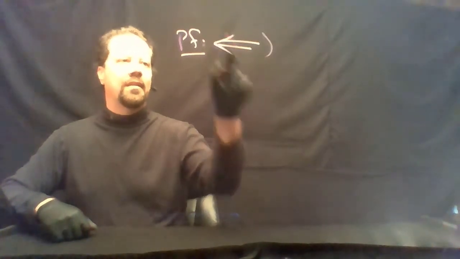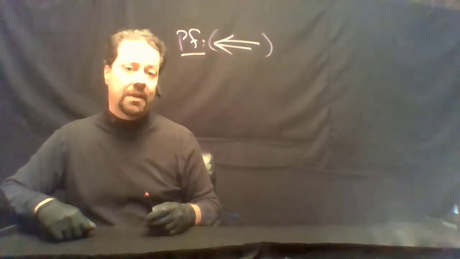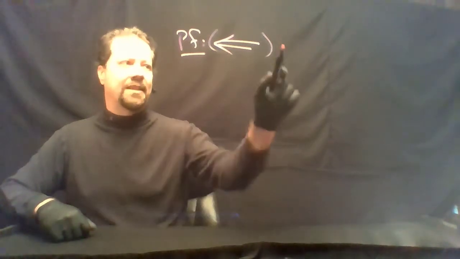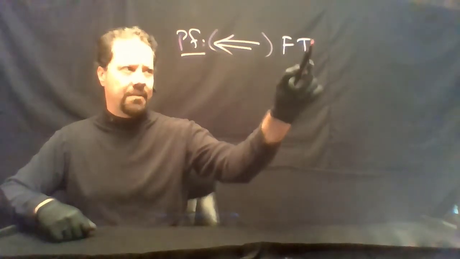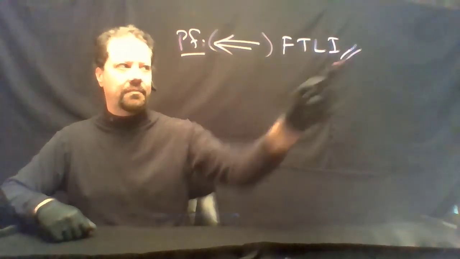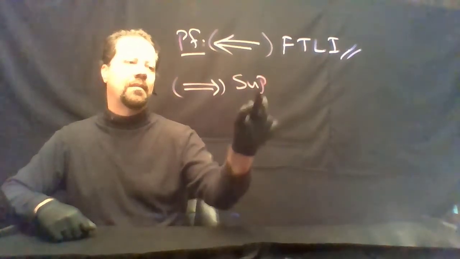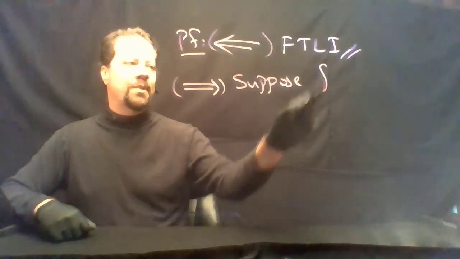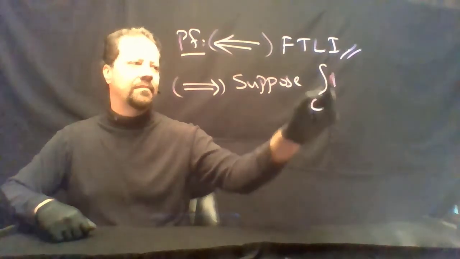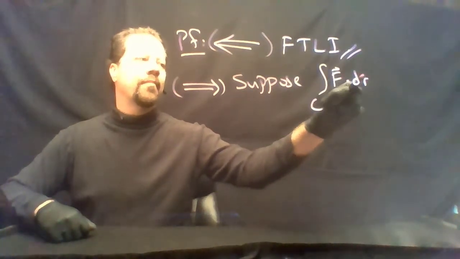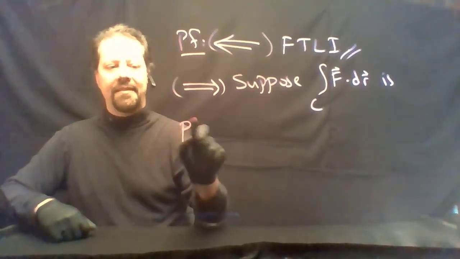In the proof, this direction, where conservative implies path independence, is established by the fundamental theorem of line integrals. Suppose the work integral is path independent.